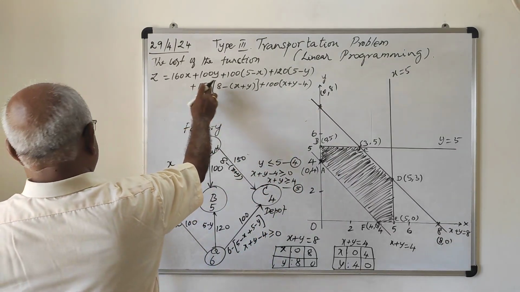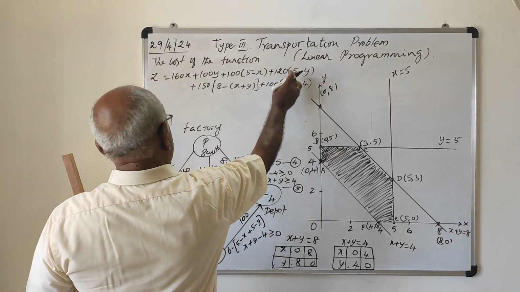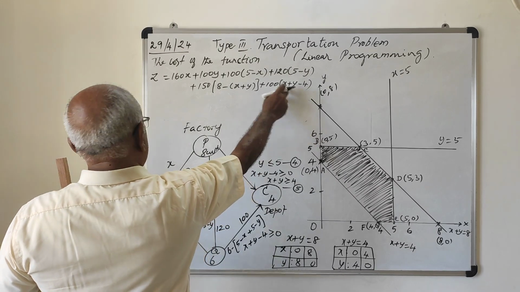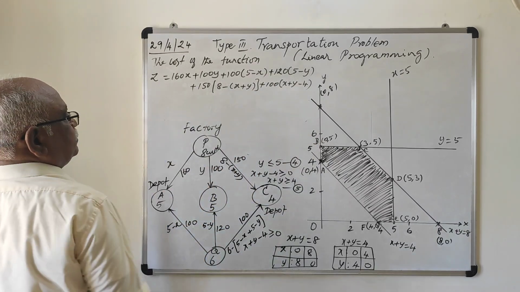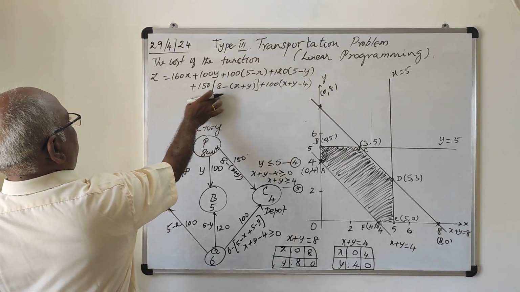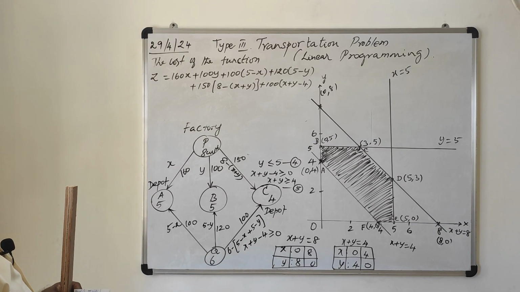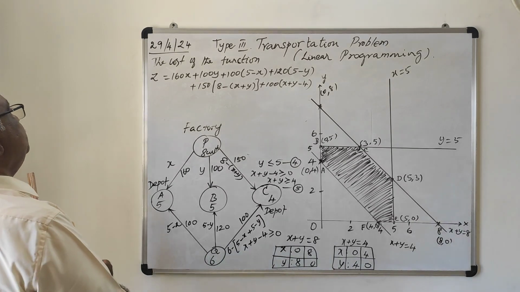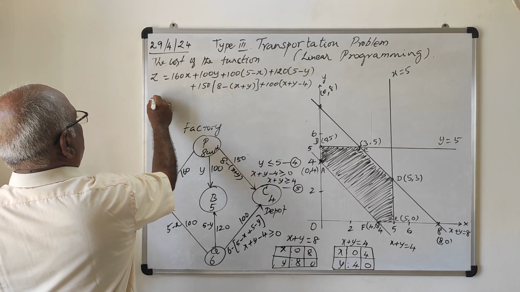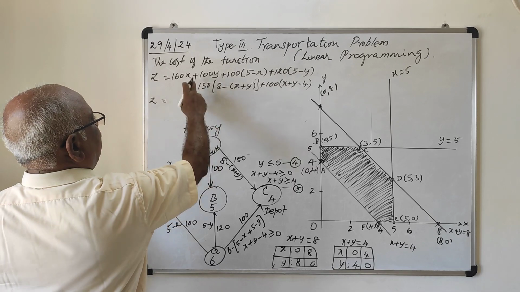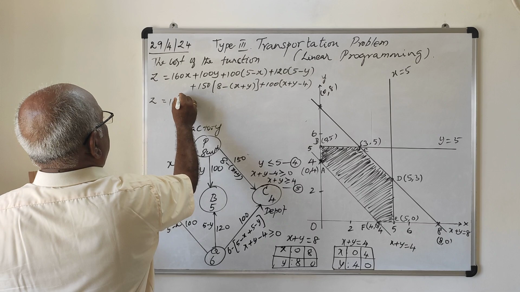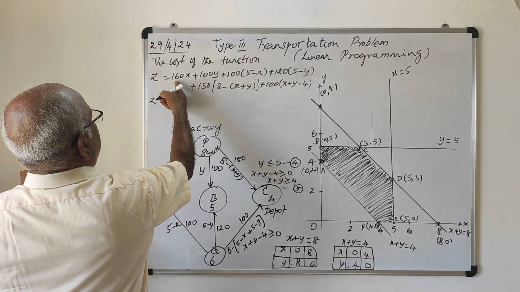160 into x plus 100 into y plus 100 into 5 minus x plus 120 into 5 minus y, plus 100 into x plus y minus 4 plus 150 into 8 minus x plus y. See, this is the required minimum cost function. So you have to simplify this equation. For that, all the values are multiples of 10, therefore you can take 10 outside as a common factor.